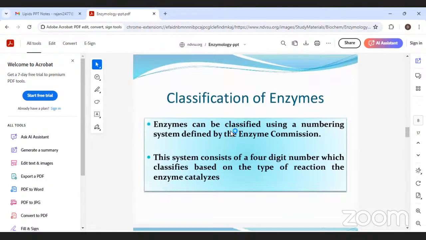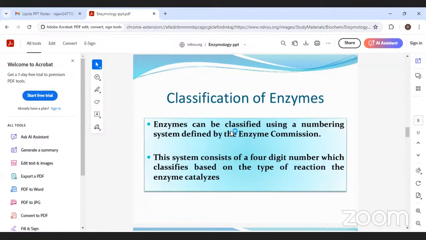Classification of enzymes. The older classification of enzymes is based on the reactions they catalyze.